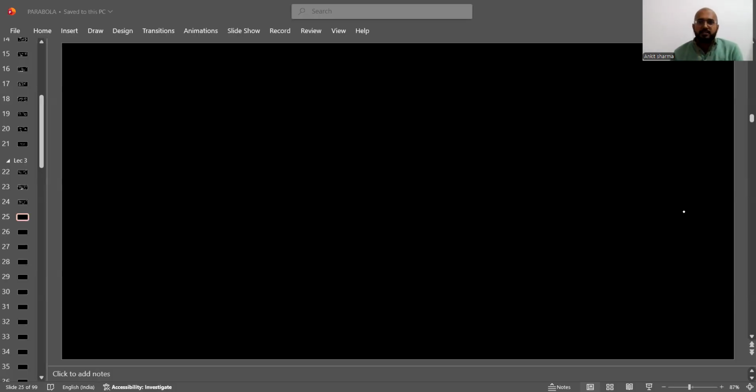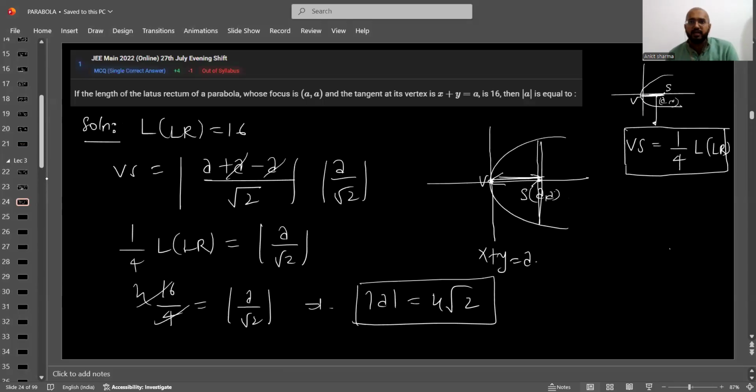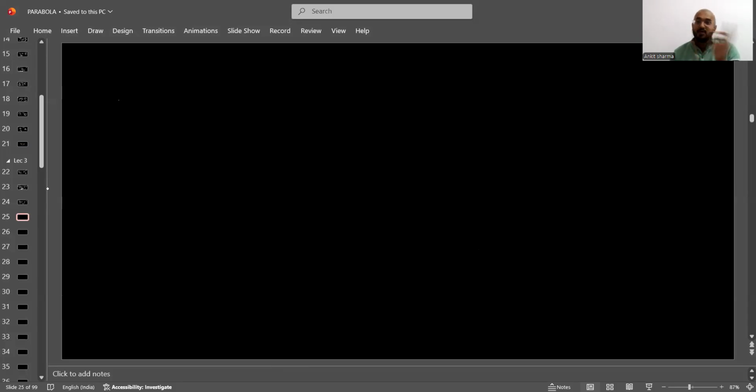Now let's see the general form. If you notice, in all these equations the tangent at the vertex, or the directrix, is not standard like x equal to a or y equal to b. That means now my parabola is rotated. Suppose this was my original parabola, y square equal to 4ax.